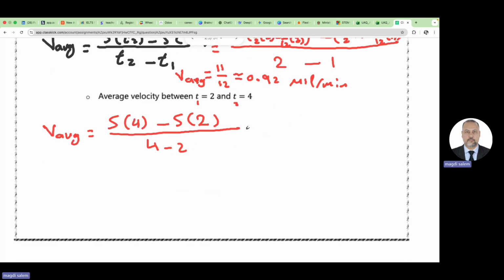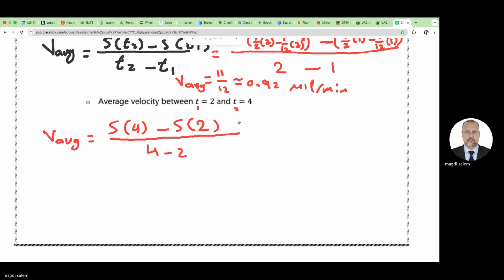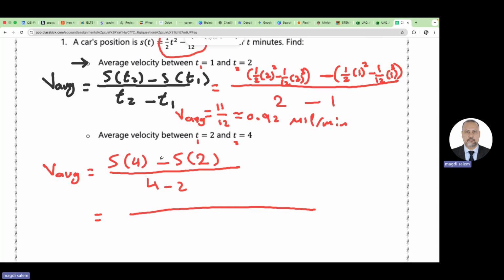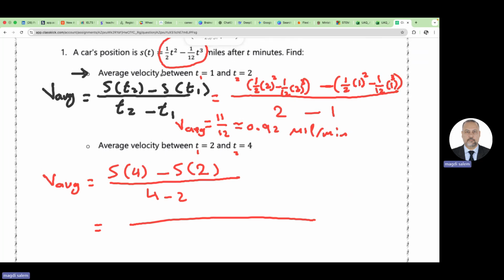You will do the same as the previous question. You just replace instead of T, you put 4 in the general formula here. So put 4 instead of T and write the first brackets. Then put 2 instead of T and write the second brackets.